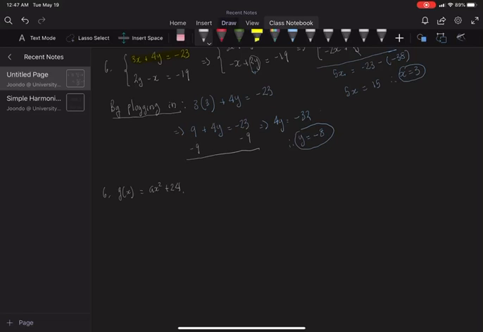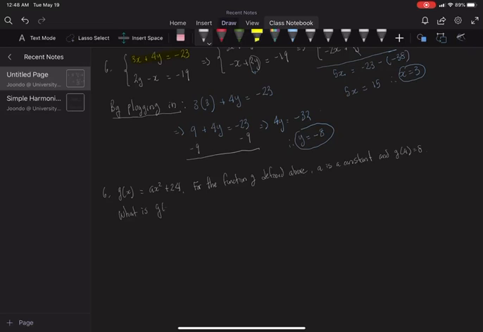So the question is, for the function g defined above, a is a constant, and g of 4 equals 8, right?